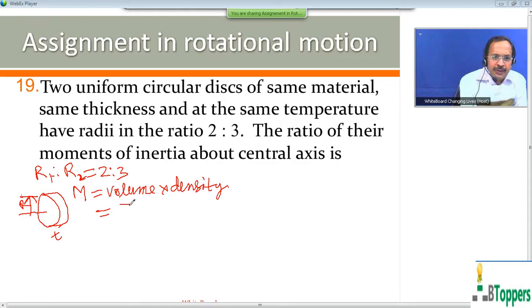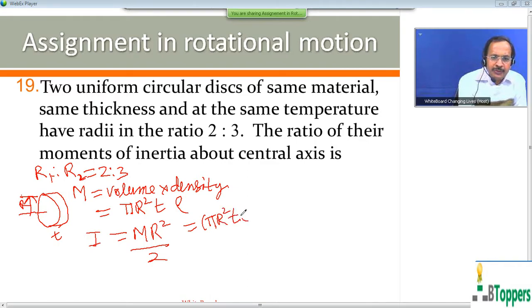Volume of the disk you can write face area into thickness. Face area of the disk is pi r square. T is the thickness. Let rho be the density. So moment of inertia of the circular disk about its central axis of symmetry is given by I equal to m r square by 2. So I can write m equal to pi r square T into rho.